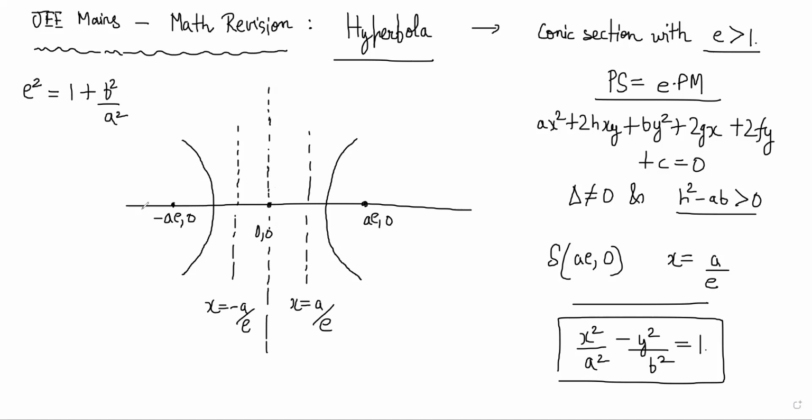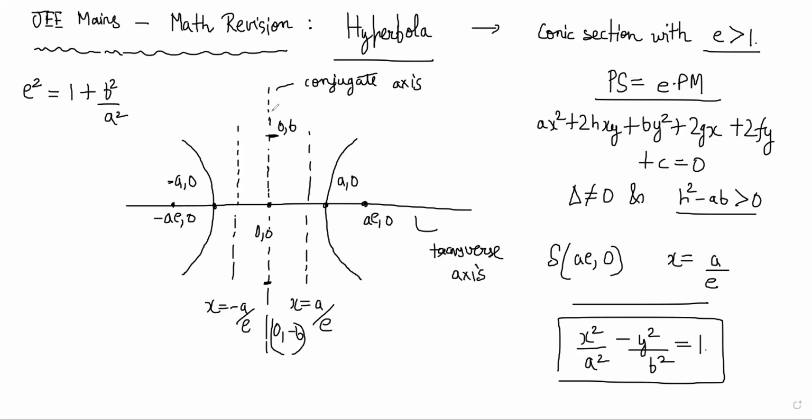This axis is called transverse axis. And this axis is the conjugate axis. And these points are minus a comma 0 and a comma 0. And there will be a point here 0 comma b and a point here 0 comma minus b, right?